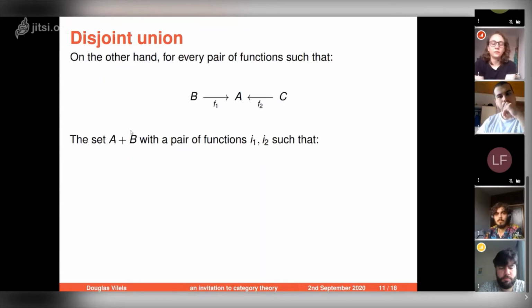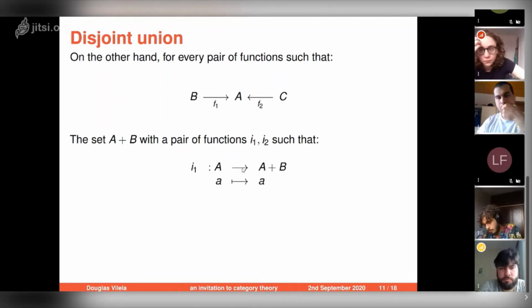It should be B plus C here, not A. The disjoint union of the set B and the set C, with the pair of functions that takes an element, is miswritten here too.